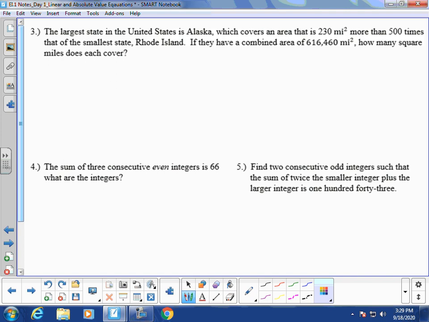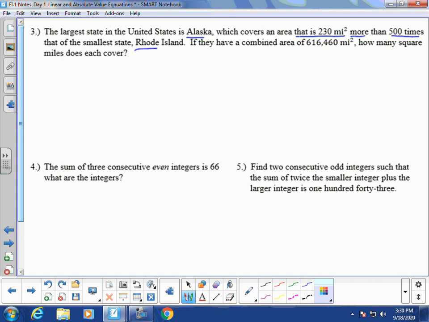Well, that's a lot of information. Let's go ahead and break this down to come up with an equation. First thing that we notice is we're talking about Alaska and Rhode Island. So I'm going to let Alaska be A, Rhode Island be R. It says Alaska has an area that is 230 square miles more than 500 times Rhode Island.